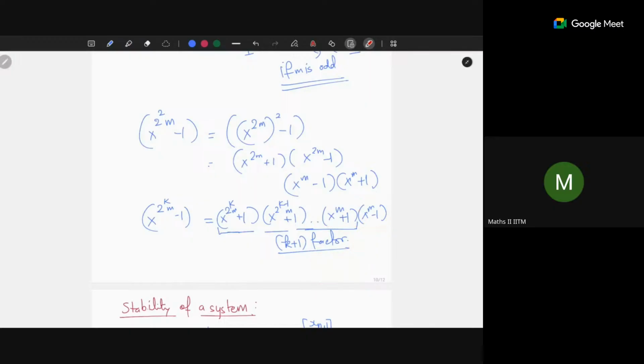So the only real number whose odd power is minus 1 is minus 1, and the only real number whose odd power is equal to 1 is plus 1. So we will always have two real roots in the case of even.